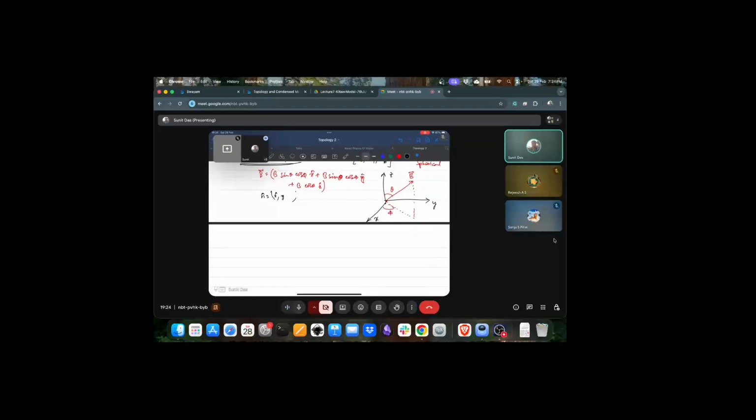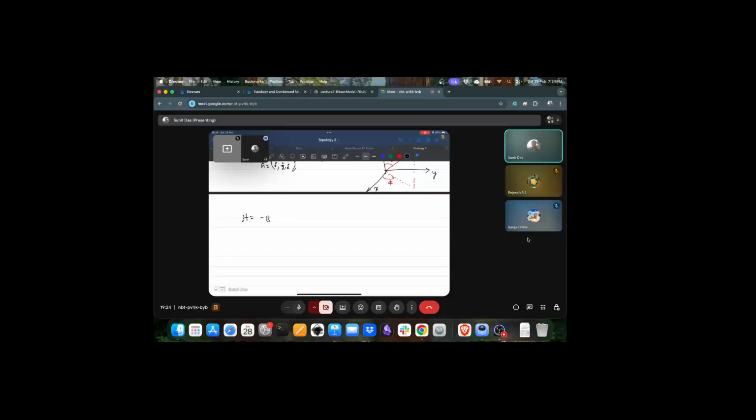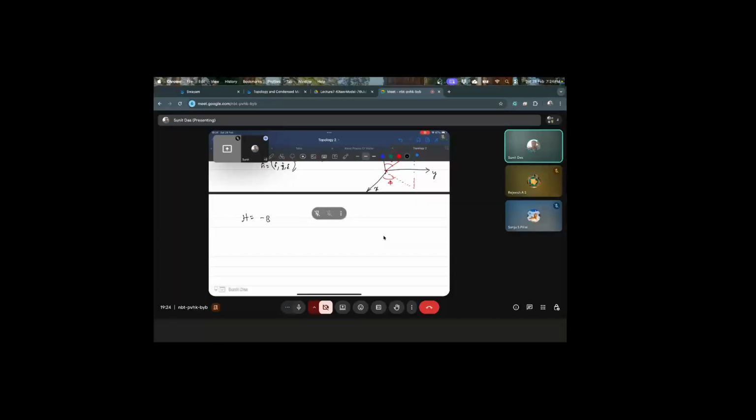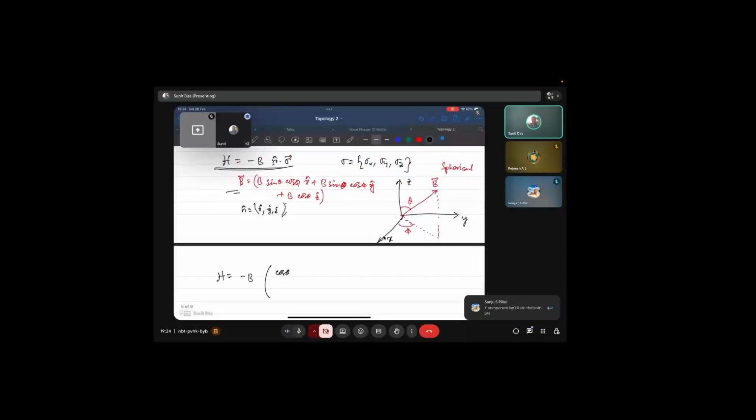If you write it in the matrix form, the Hamiltonian is going to be minus B, and we use this form of magnetic field.